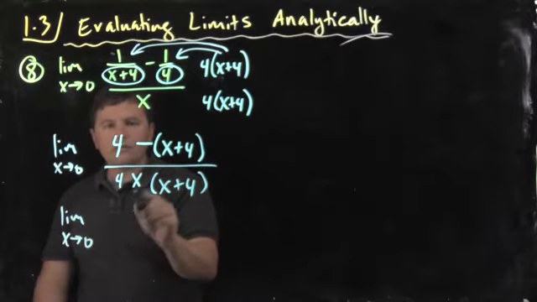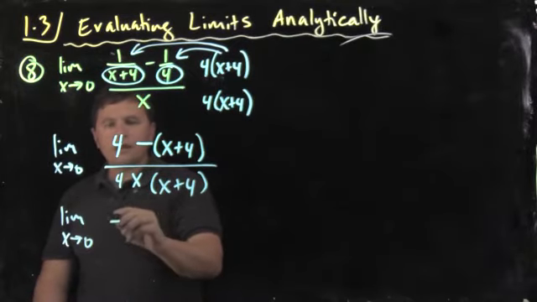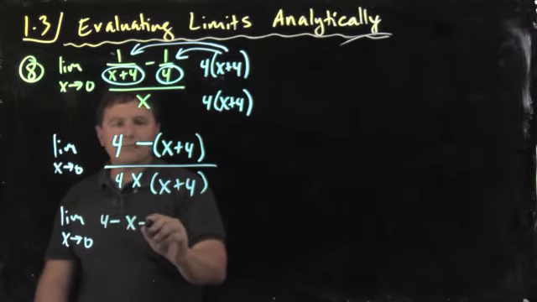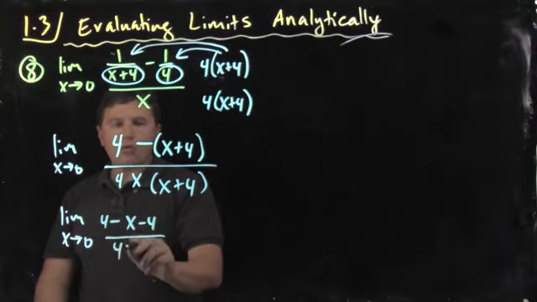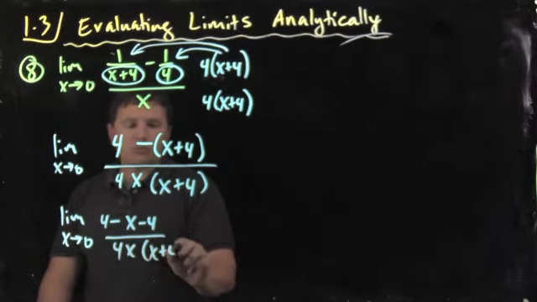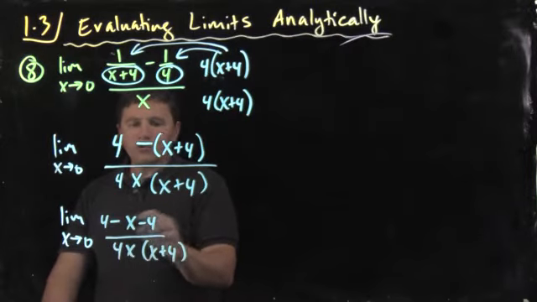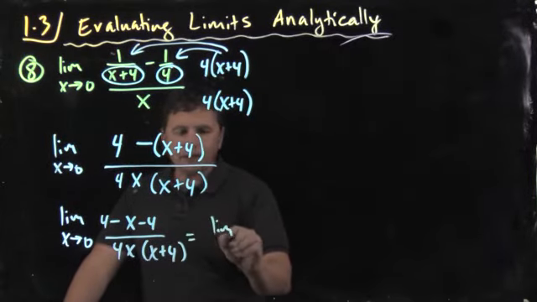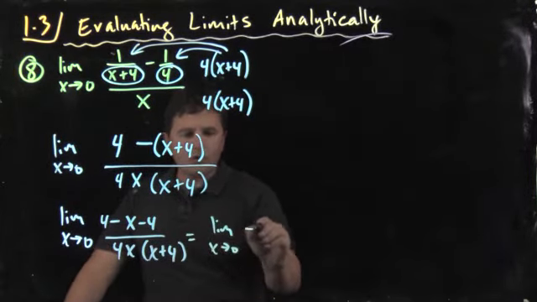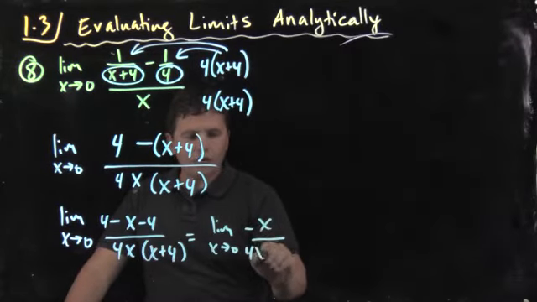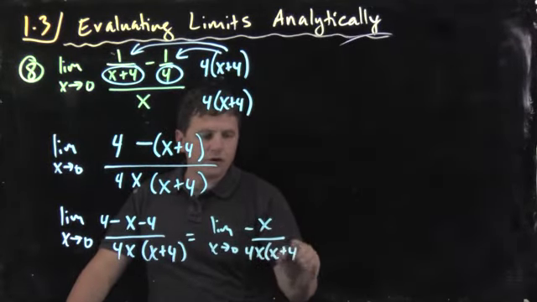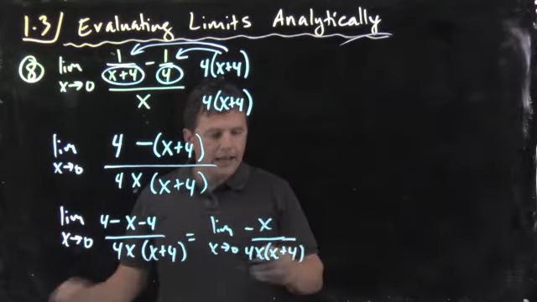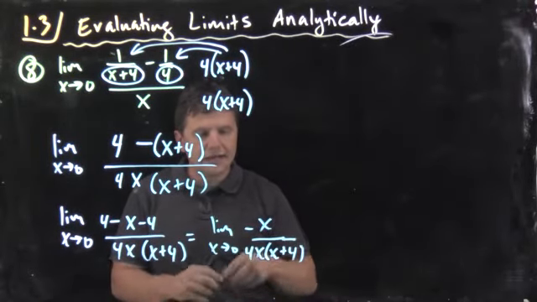So if I distribute the negative, I get 4 minus x minus 4 over 4x, x plus 4. The 4s cancel. I'm left with the limit as x goes to 0 of negative x over 4x, x plus 4. Okay, and the x's now cancel.